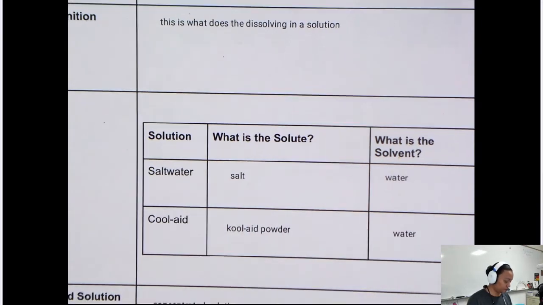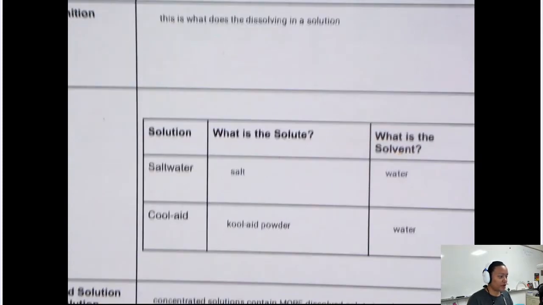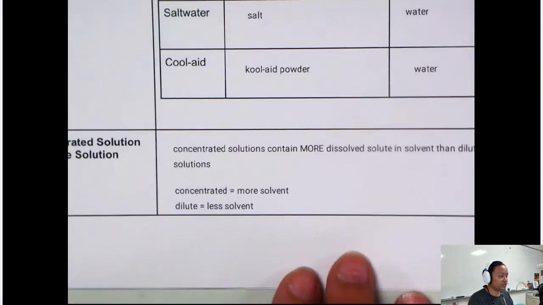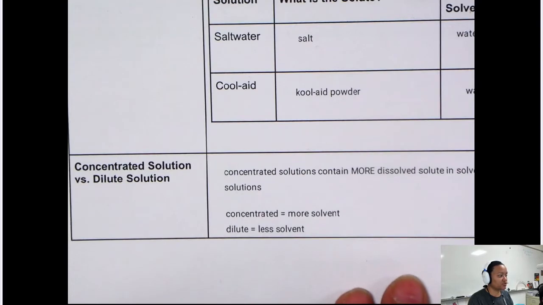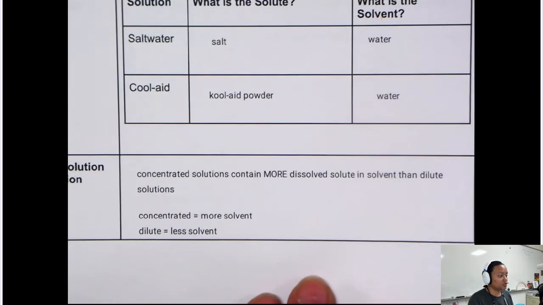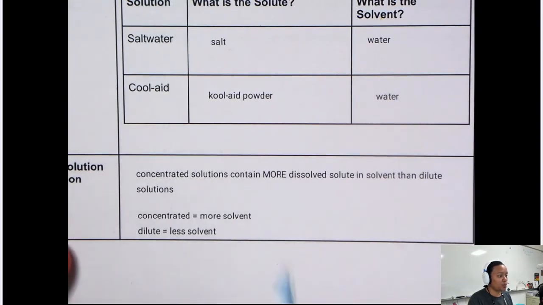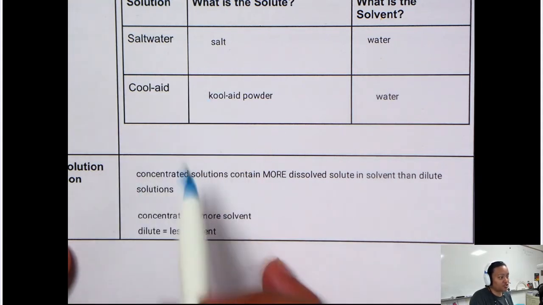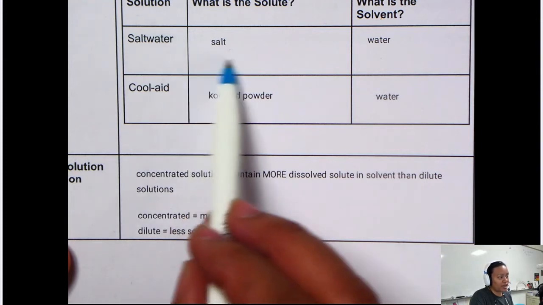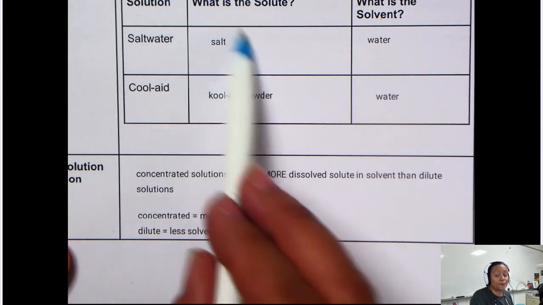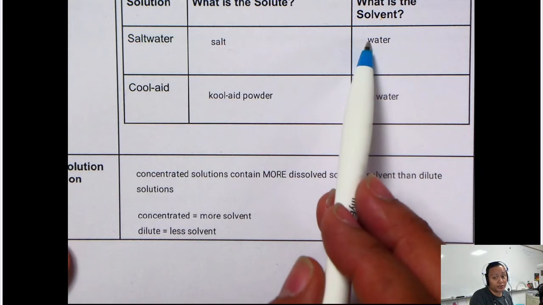All right, concentrated versus dilute solution. A concentrated solution contains more dissolved solute in solvent than in dilute solutions, okay? So if it's a concentrated solution, then I'm going to dump more salt into the water and mix it up.